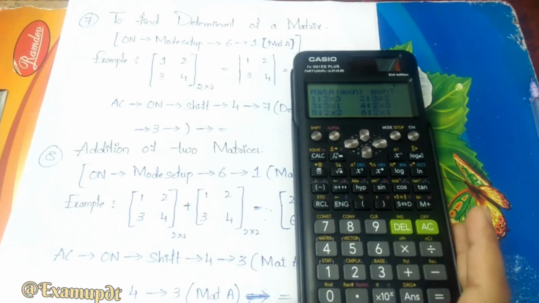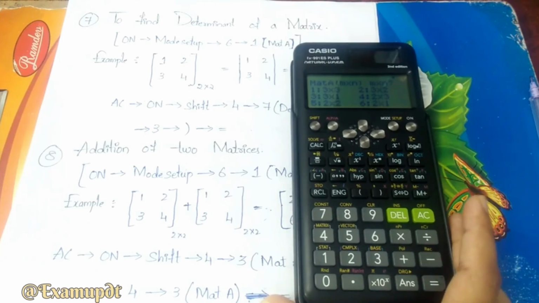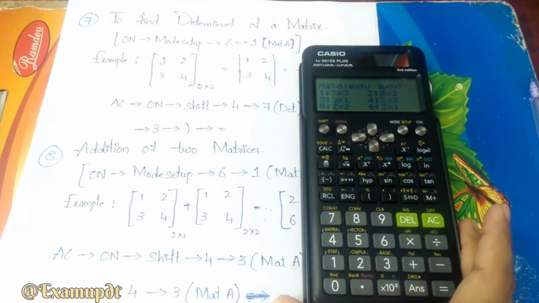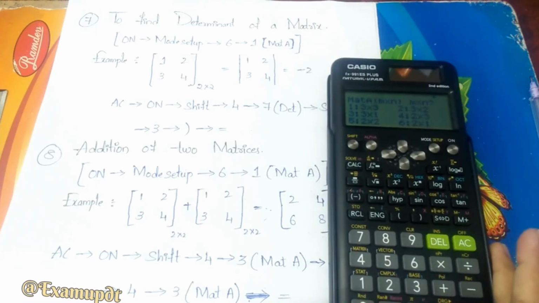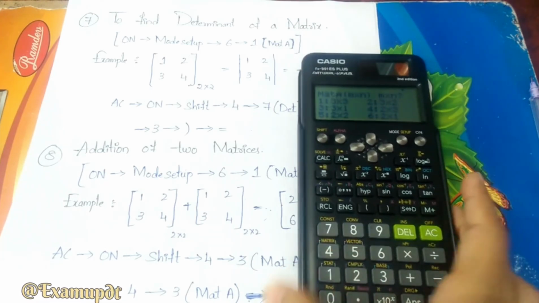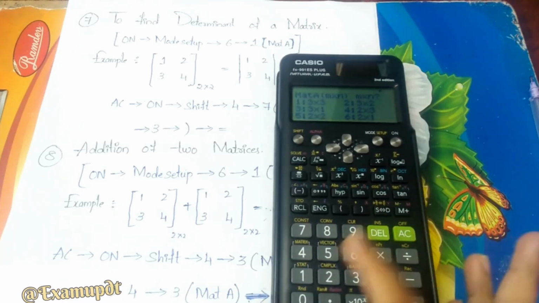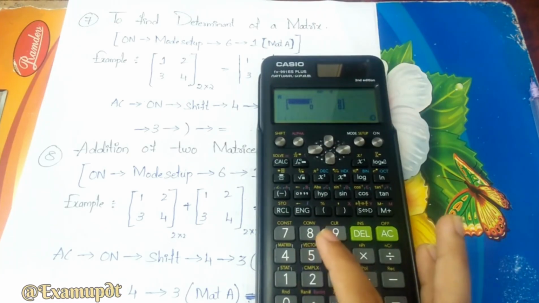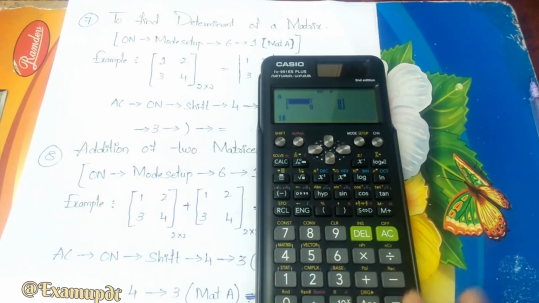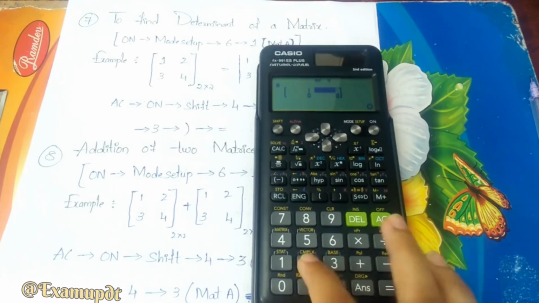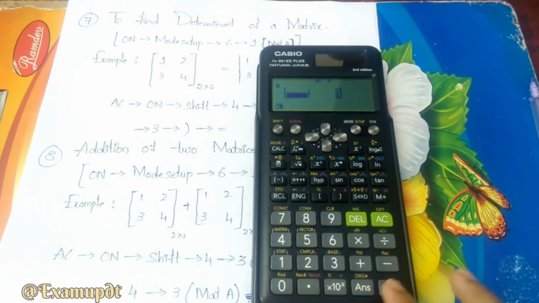I am taking the two matrices as the same, that is only matrix A. You can take different values also. Now I am taking the matrix A as a 2 cross 2 matrix. For that I click on 5 and enter the values 1, then equals, 2 equals, 3 equals, then 4 equals. So now the values are entered into the matrix A.